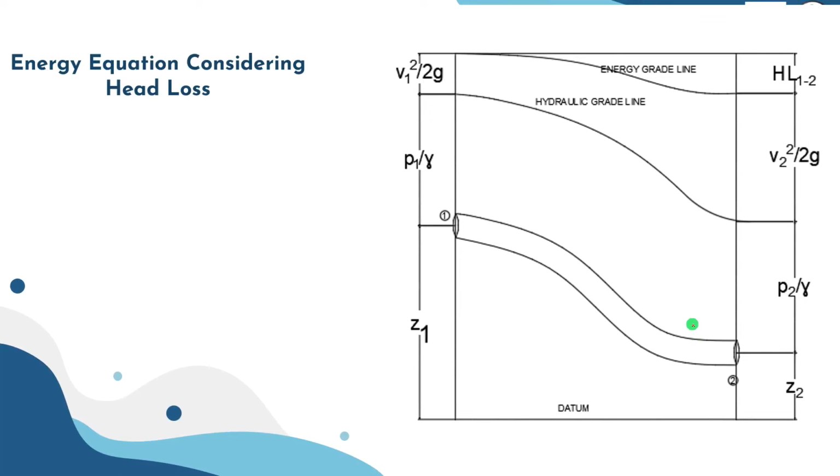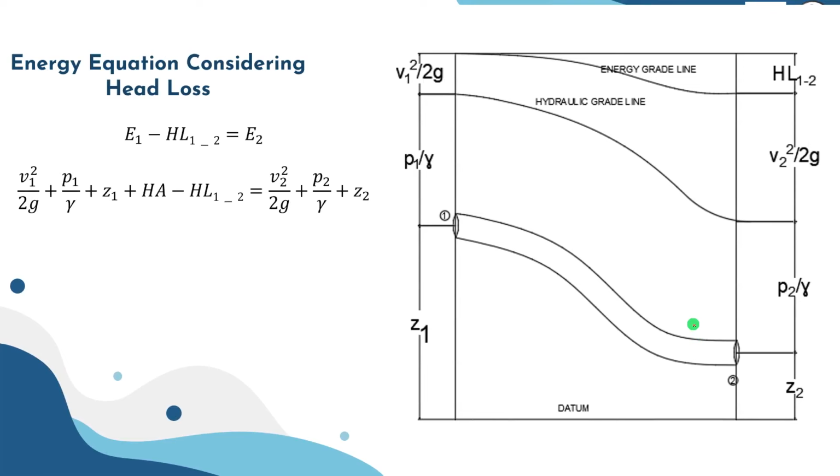But if we are going to consider the head loss, the energy equation for that is that we will just subtract the head loss from the energy at point 1, where the flow comes from, or the starting point of the section where we are going to determine the energy, and that will be equivalent to the energy at the end point or point 2.